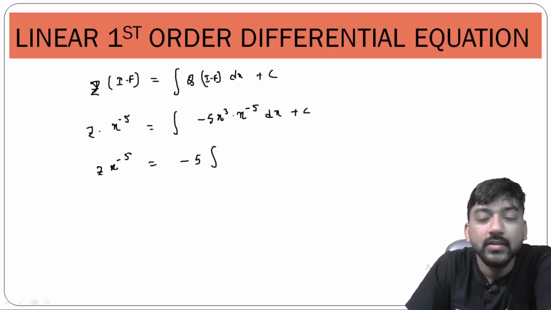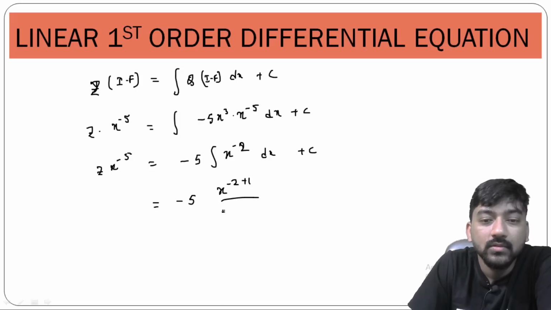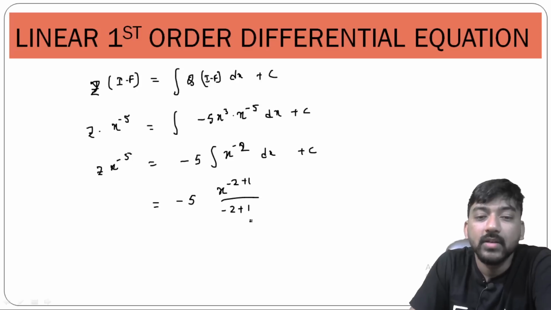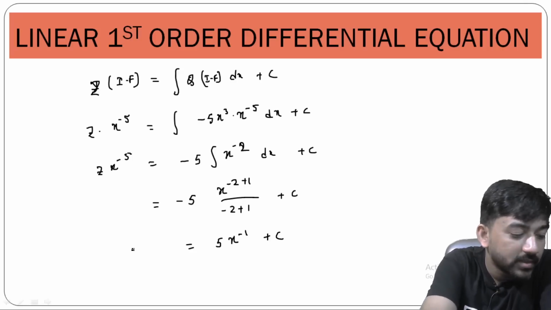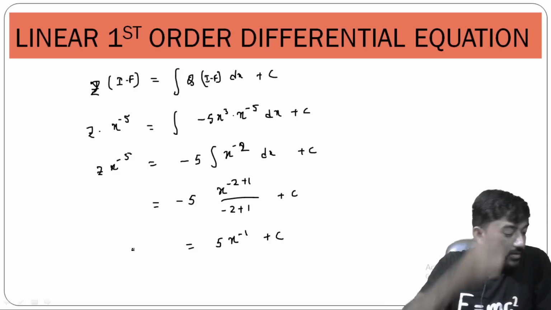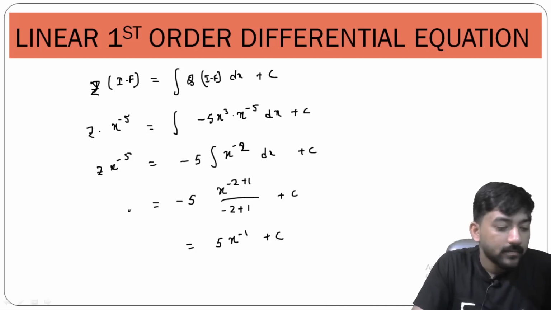So we will have z x to the power minus 5 equal to minus 5 integration x to the power 3 into x to the power minus 5, so it will be x to the power minus 2 dx plus c. So you will get minus 5, this will be x to the power minus 2 plus 1. This minus minus will cancel out, plus c. So you will get 5 x to the power minus 2 plus 1, that will be x to the power minus 1, plus c. So z x to the power minus 5 is equal to this.